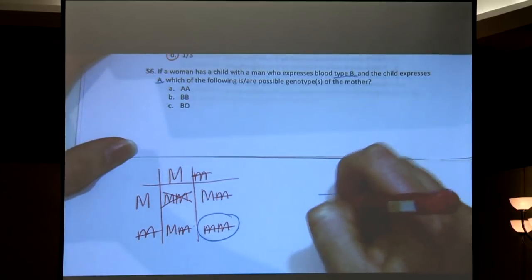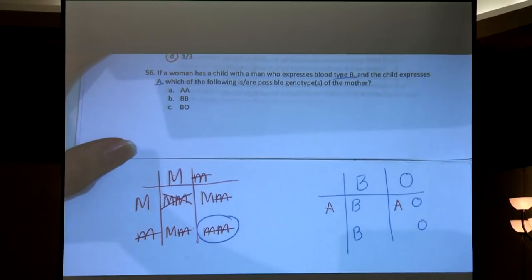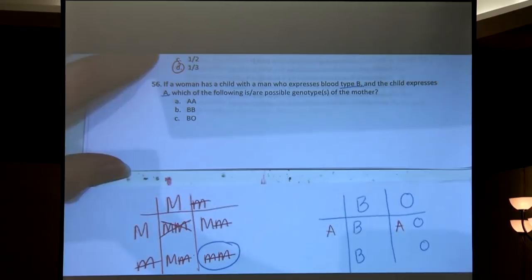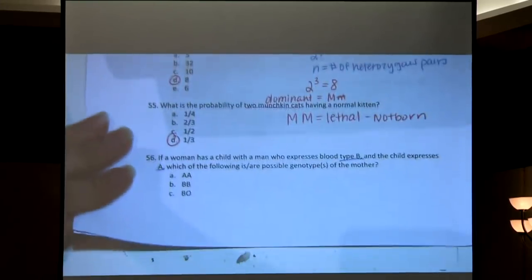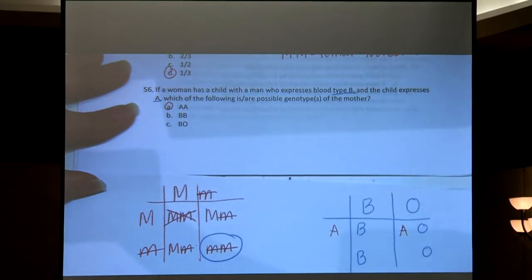So that means mom at least has to have A, all right? And in the case, we can't really define what else mom has. However, in this case, from our choices, this means that mom could be AA, all right?